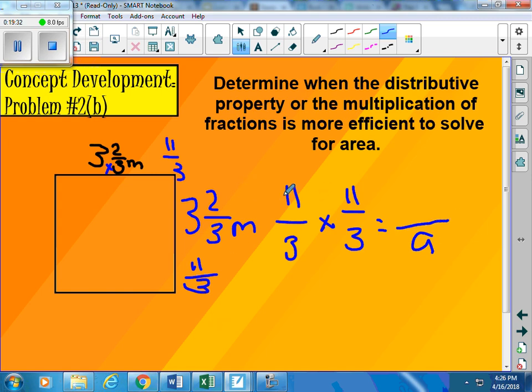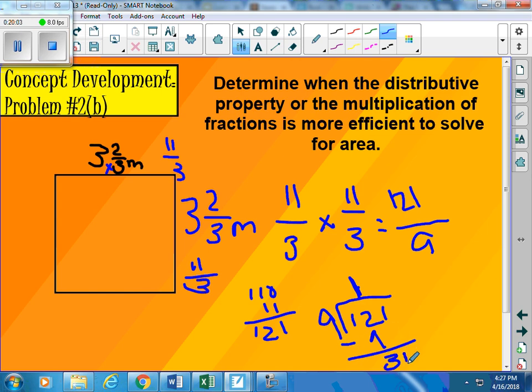Well, 11 times 10 is 110. And I could add one more 11 to that, and I get 121 over 9. So let's see what the mixed number is going to be. 9 goes into 12 one time. I can make one group if I have 12 blocks, one group of 9, and I would use 9 blocks.